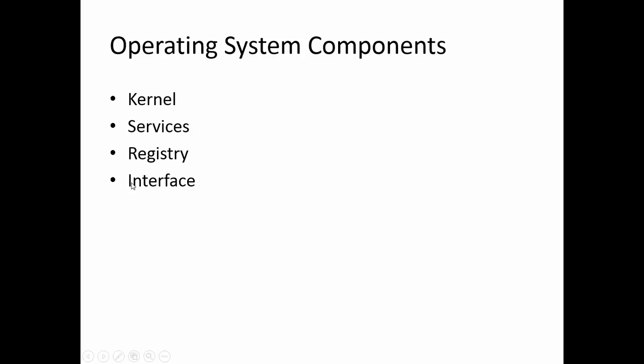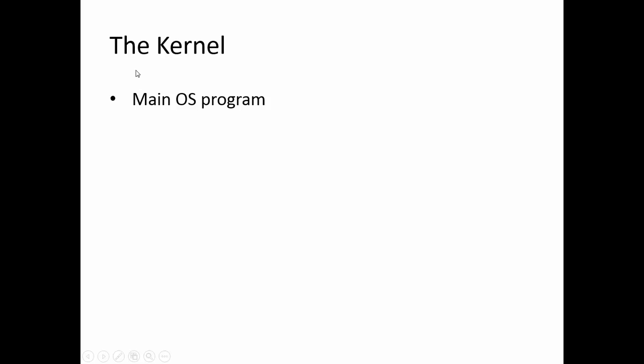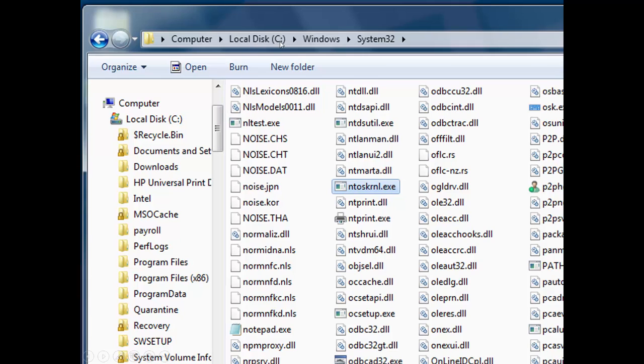So now let's get a little more specific and look at operating system components: the kernel, services, the registry, and the user interface. The kernel is the main operating system program. It's a big program. And when you boot a computer, it loads the kernel into memory. If we go to the C drive, to the Windows folder, to the System32 folder, we will see that there is a file here, and that is the kernel.